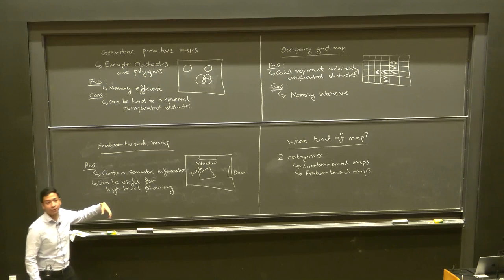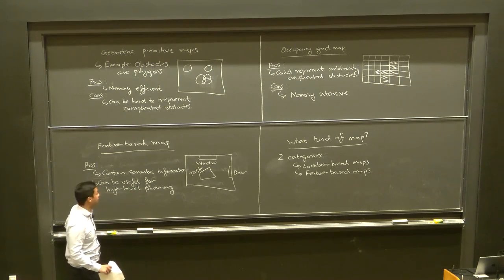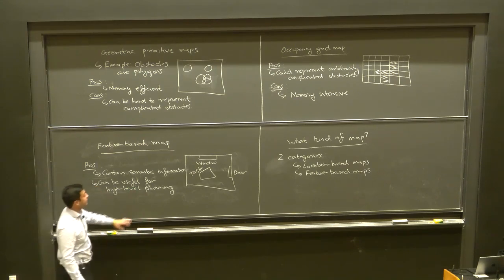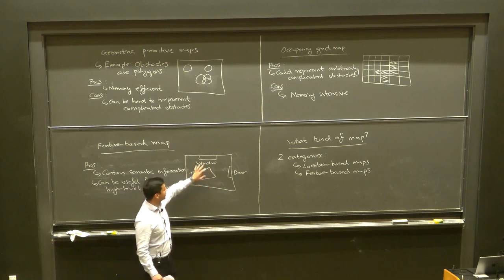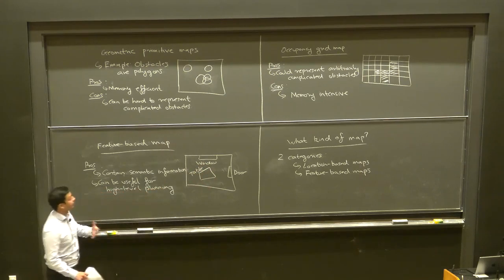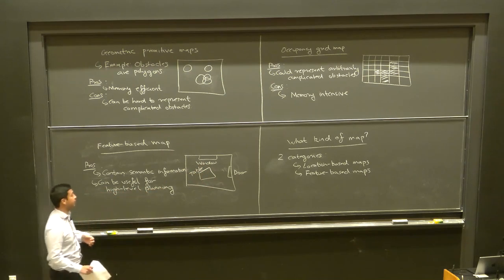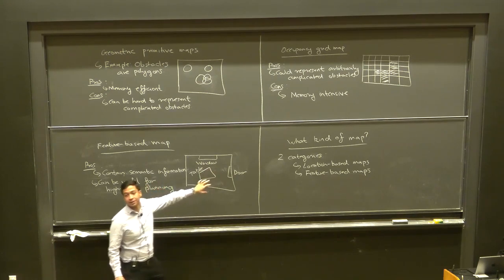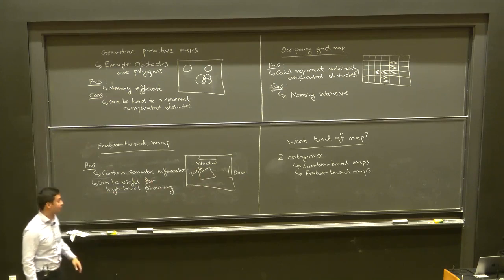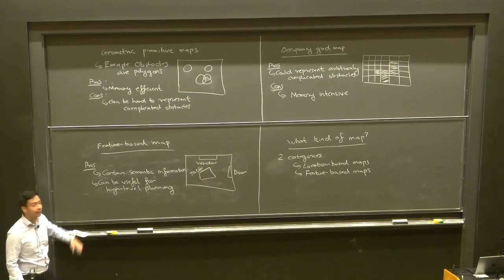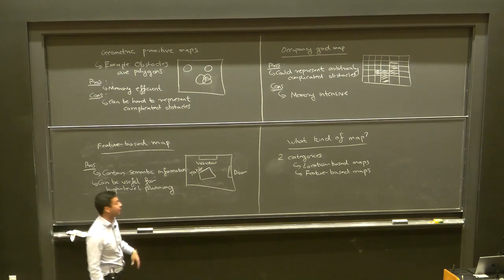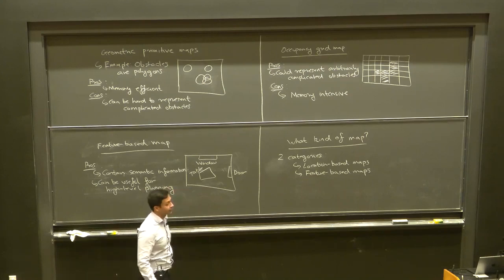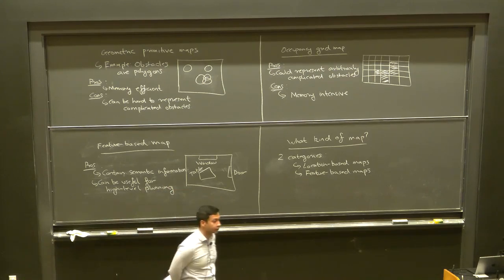So let's say it's looking for coffee, or it's looking for a fridge. If it sees that there's a table or other things that might be like a kitchen counter, if it's able to identify those, then it might be able to guess that, okay, maybe the fridge is not so far from here. So that kind of planning at a high level, where it's not purely geometric obstacle avoidance but trying to find something, these kinds of maps are useful for.